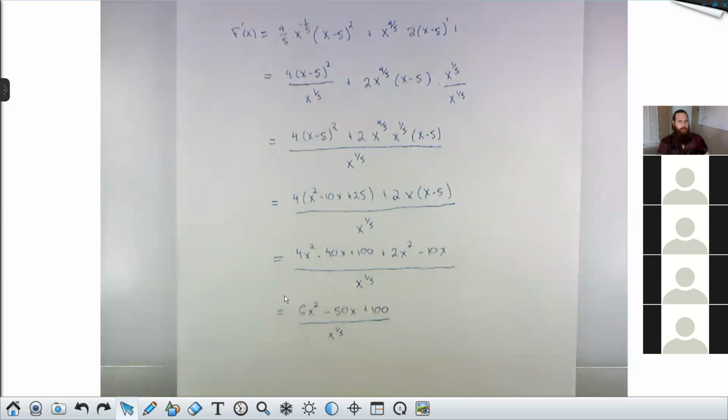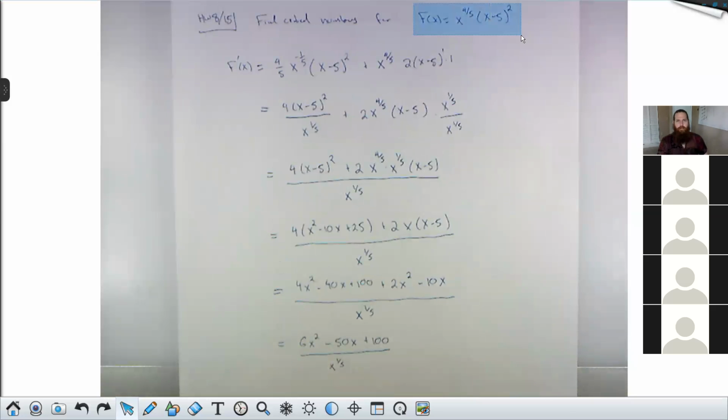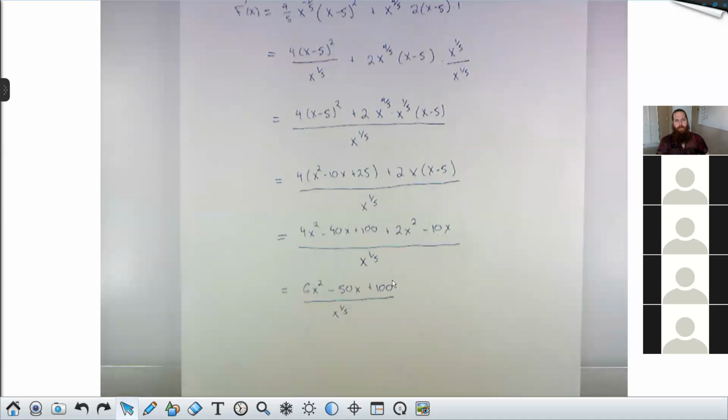Now to find my critical numbers, the reason I wanted to do this: the domain of this original function is all real numbers. It doesn't have any variables downstairs, or any variables under a square root or anything like that, which means that now I am going to get a critical number from the denominator.